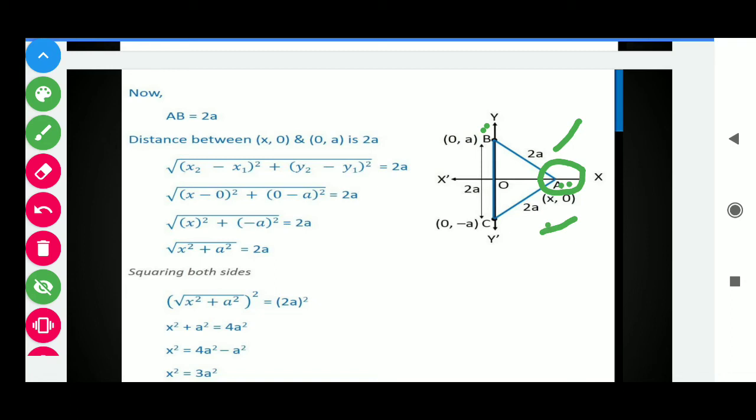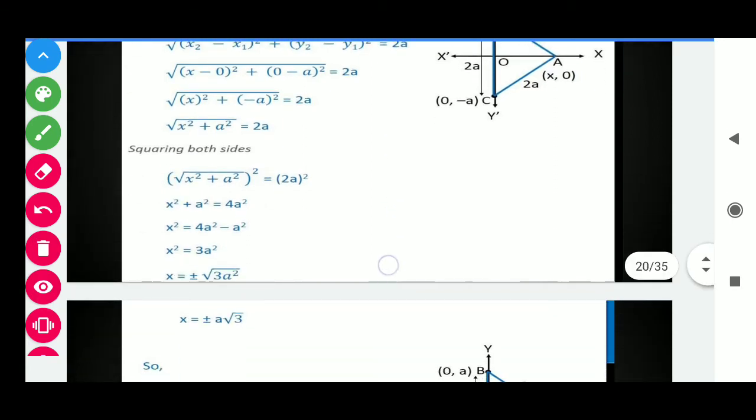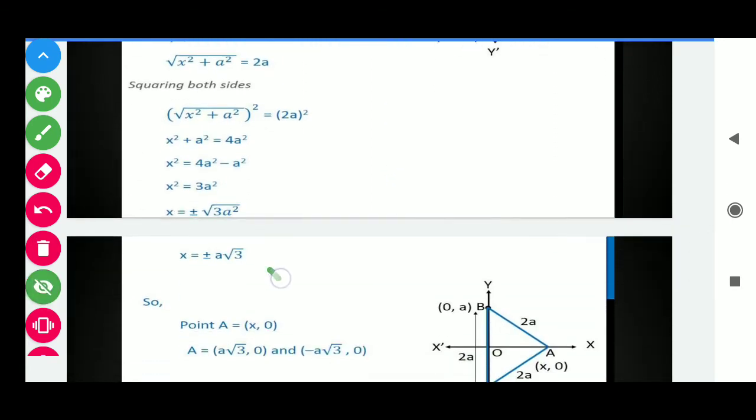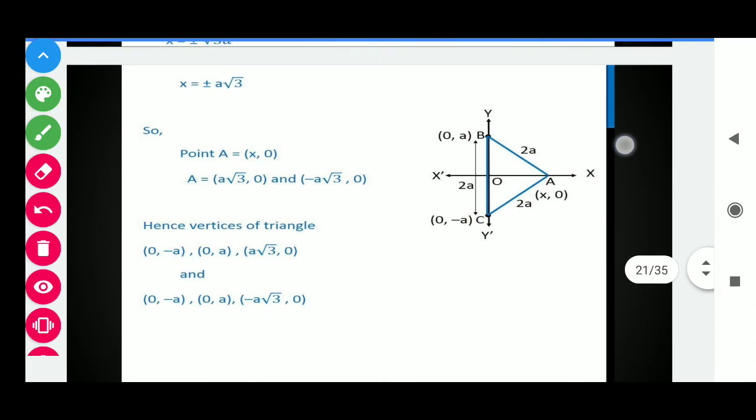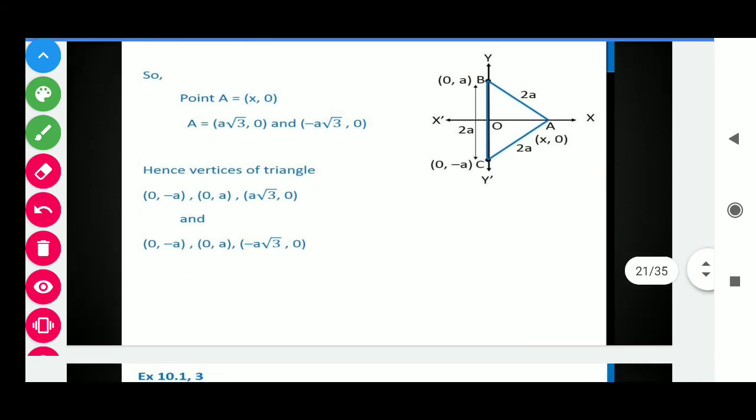Squaring both sides, we get x squared plus a squared is equal to 4a squared, and in this way x is equal to plus or minus root 3 a. So students, the third coordinate, a root 3 and minus a root 3, gives the two types of equilateral triangle. One must be on the positive side of the x-axis and the second on the negative side of the x-axis.